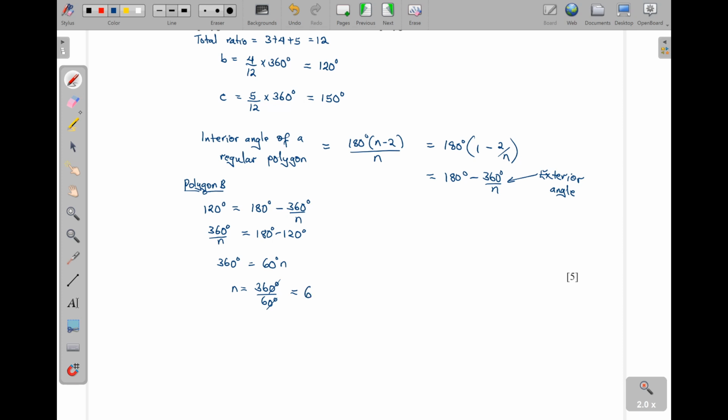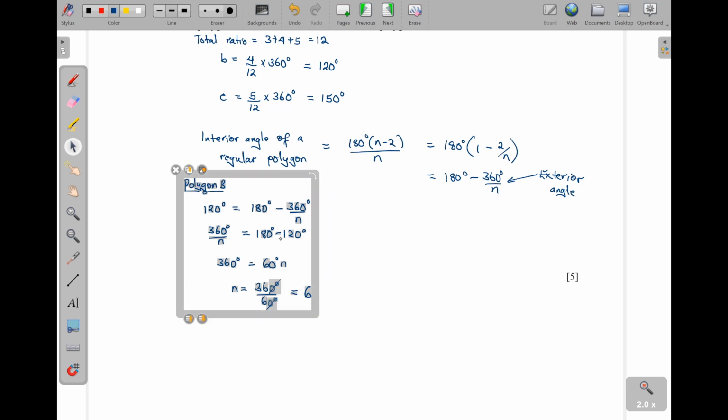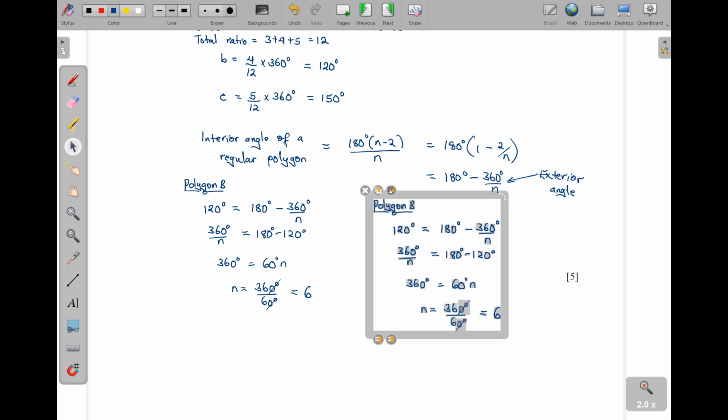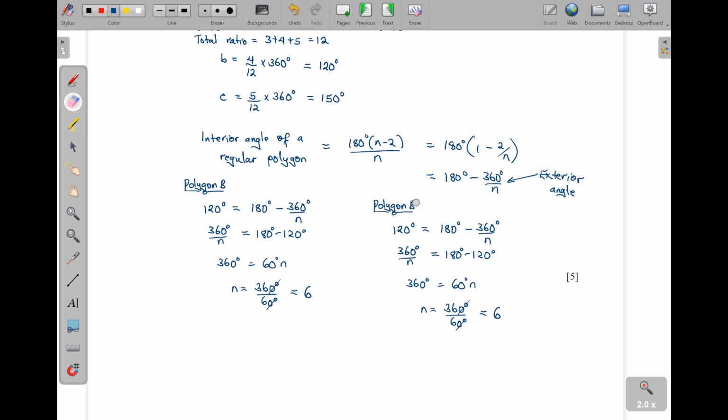Then we also do the same for polygon C. For polygon C, we have got the interior angle as 150. So we just change this. Now let's check what we have.